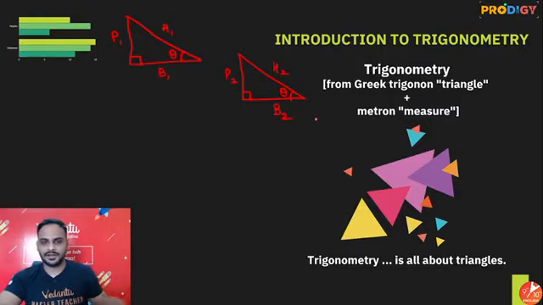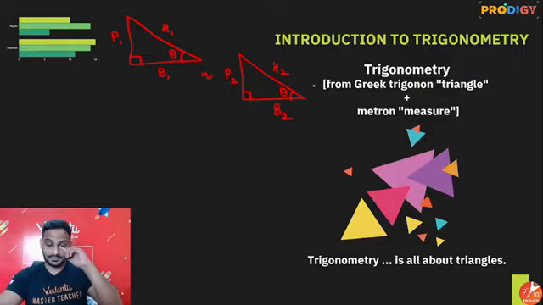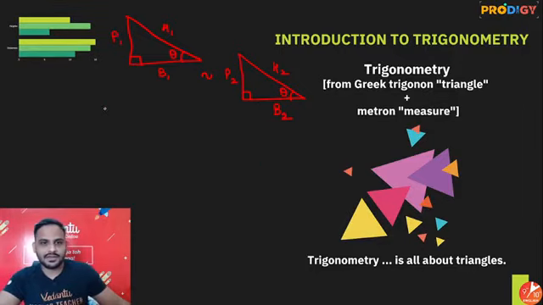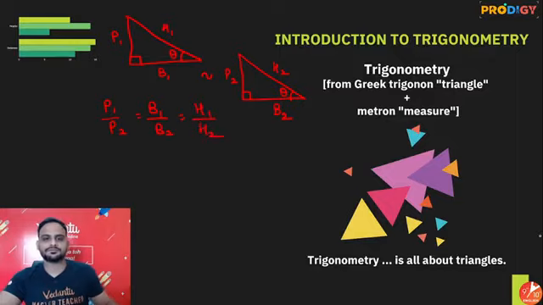Okay, these are two triangles. Now I can clearly say guys, these two triangles are similar by the AA rule, 90 degree, theta. Yes or no? I can say that. So now I can clearly say the ratio of the corresponding sides will be same. So I can say, P1 upon P2 is equal to B1 upon B2 is equal to H1 upon H2.